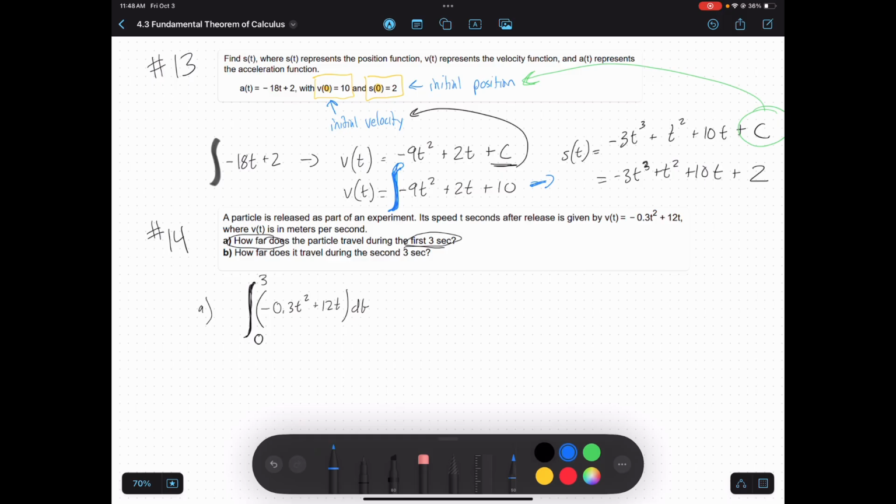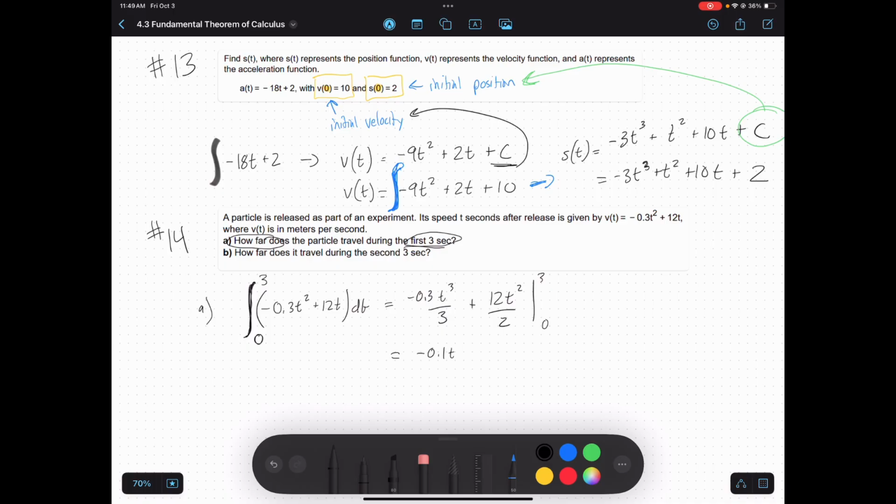So since this is a definite integral, I can just use the fundamental theorem of calculus. I find my antiderivative, which is negative 0.3t cubed over 3 plus 12t squared over 2. I can of course simplify that, but then I need to evaluate it from 0 to 3. Let me simplify a little bit.